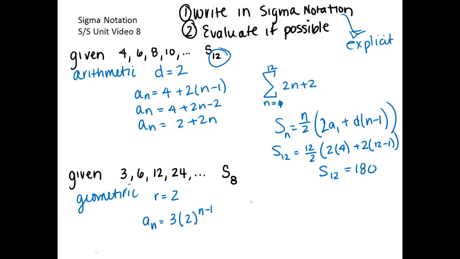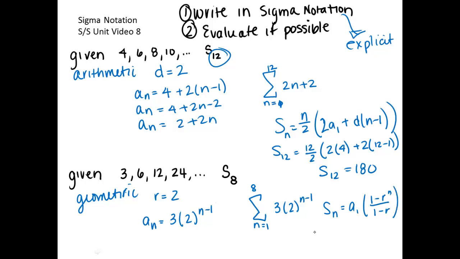I'm going to go ahead and put that into my sigma notation. So I have n equals 1 all the way to 8 of 3 times 2 to the n minus 1 power. I'm going to be using my sum formula for the first 8 terms. My sum formula here is going to be a sub 1 times 1 minus r to the n over 1 minus r.